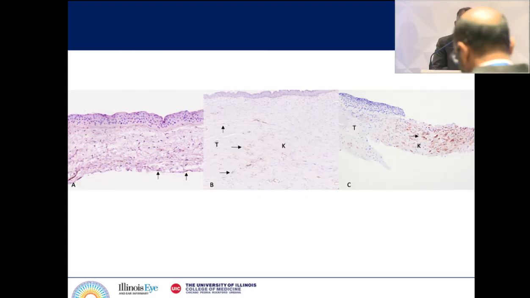But interestingly, if you look at the more so-called mature scars, even though the cells look really plump, they don't express the myofibroblast marker. So after a while, the cells quieten down. But at the junction between the keloid and the normal stroma, you see expression of these myofibroblasts.